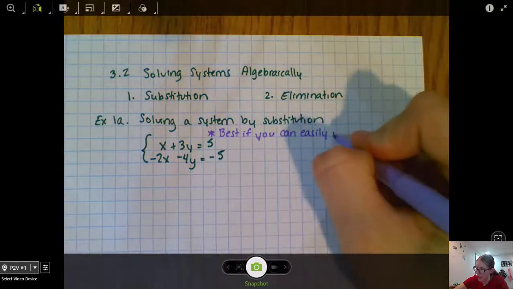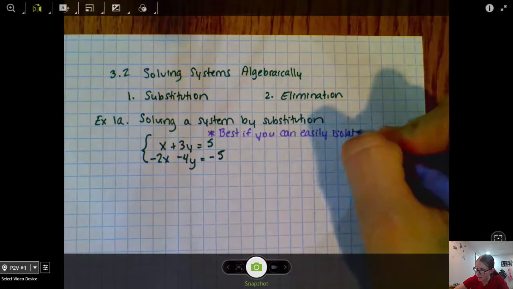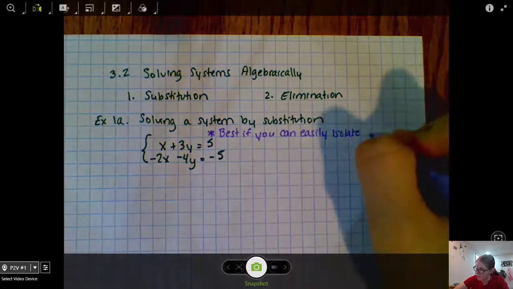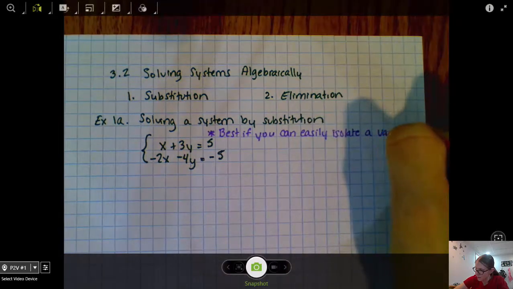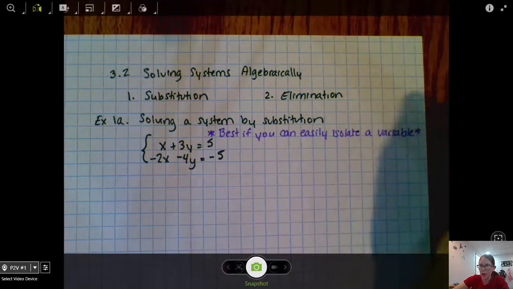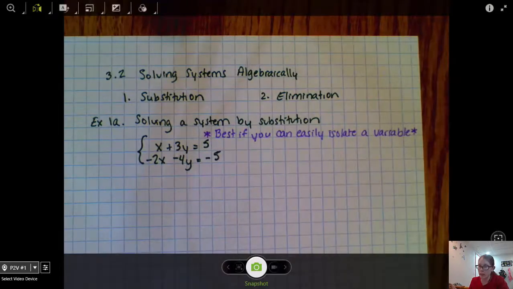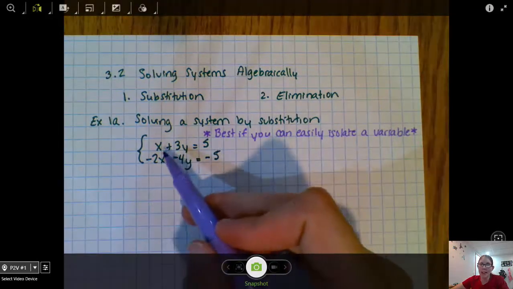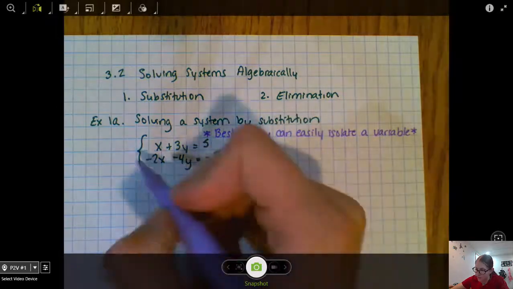Or at best, if you can easily isolate a variable. And that can be in either one of our equations. We just have to be able to easily isolate a variable in one equation. So looking at my top equation here, I can easily get x by itself.